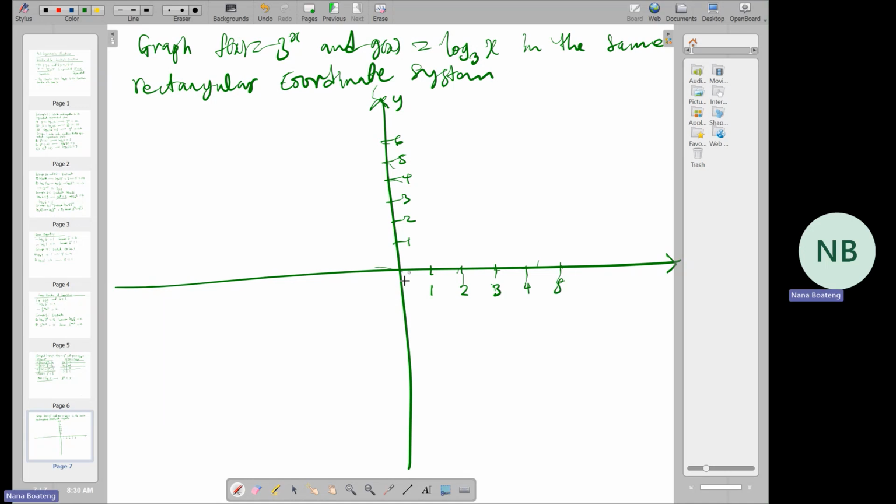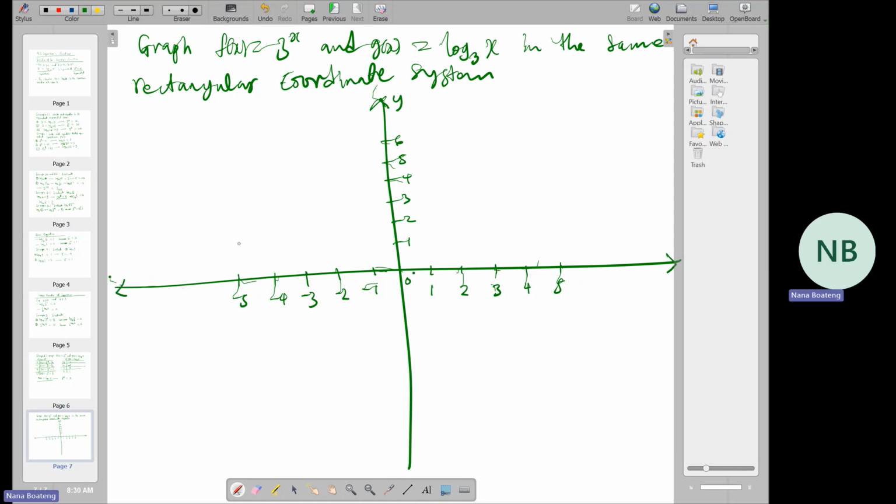And this is 0. This is -1, -2, -3, -4, -5.